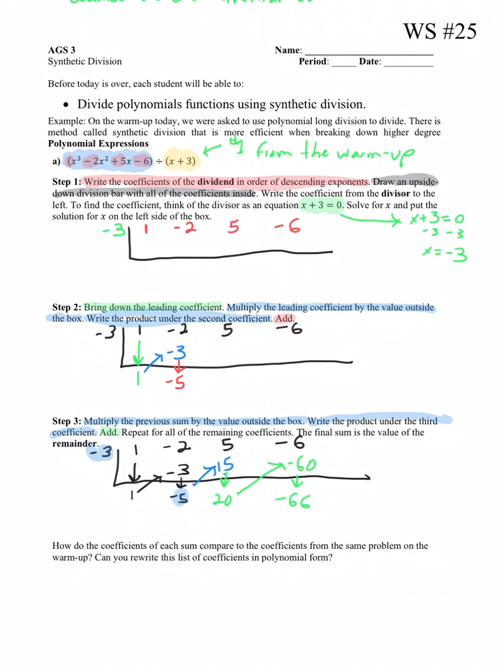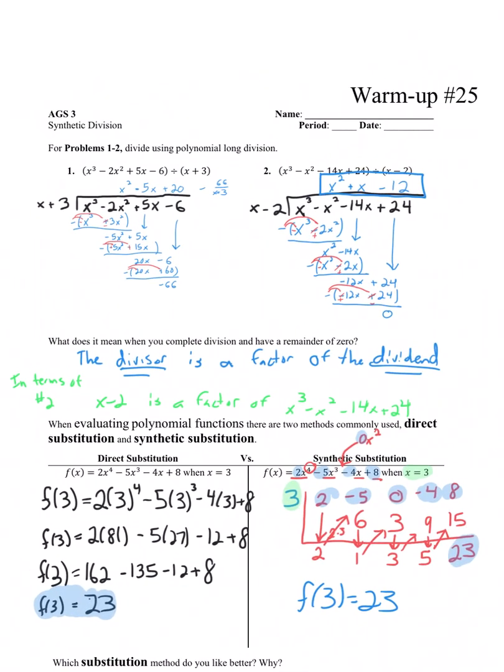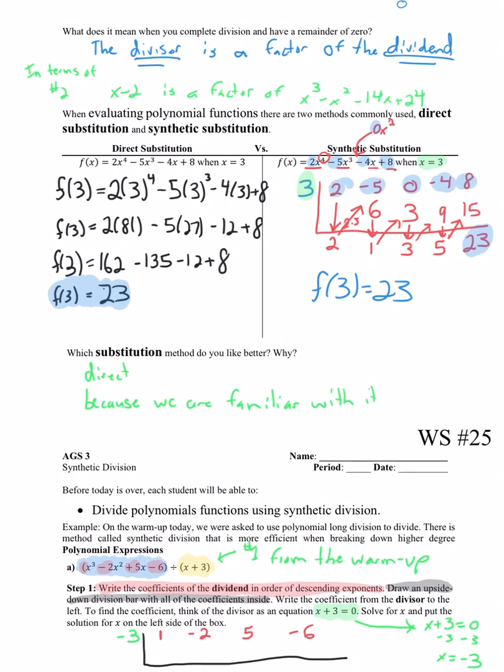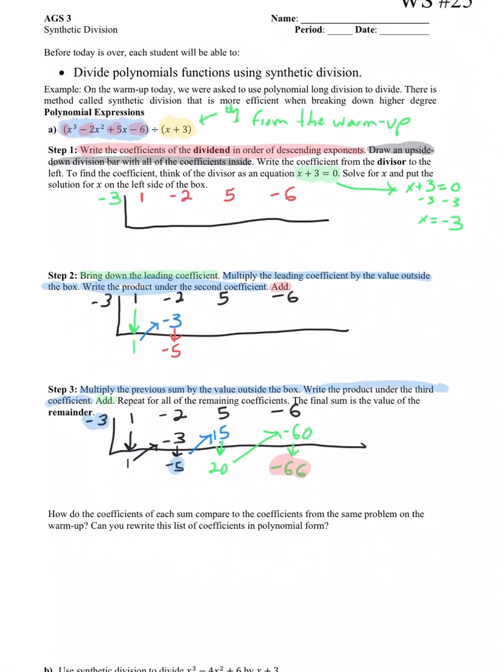The final sum is the remainder. So if you notice back to our warm-up, negative 66 is the remainder that we had up here. And we just did negative 66 again, but with synthetic division this time.